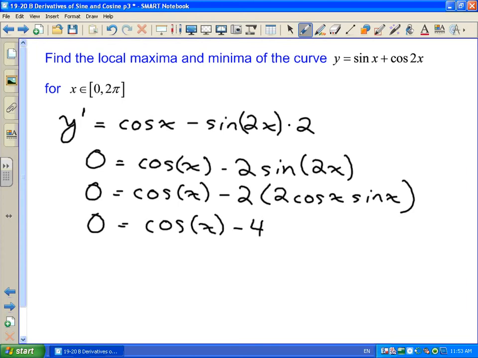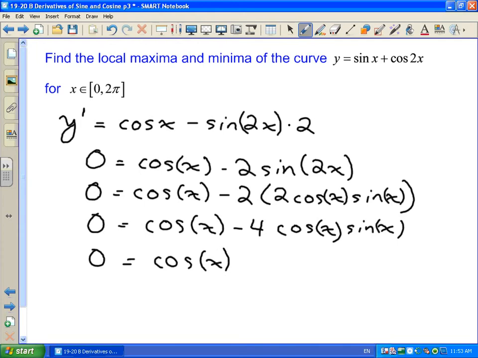Let's see, so we've got 4 cos x sine x. Now what should we do? Yeah, we can factor out the cosine, which gives us 1 minus 4 sine x.